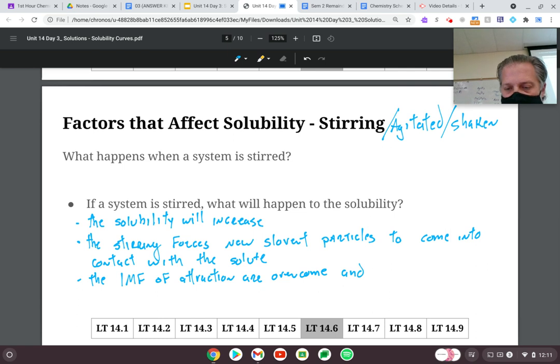And the solute dissolves. Now, that doesn't necessarily mean that it won't dissolve on its own. It just means that we can make it dissolve a little bit faster, or we can make more of it dissolve.